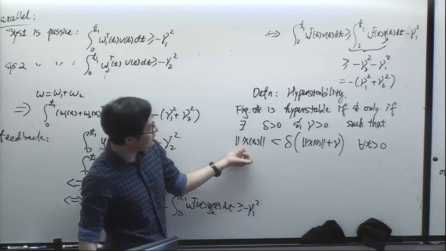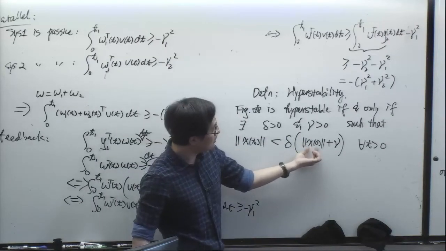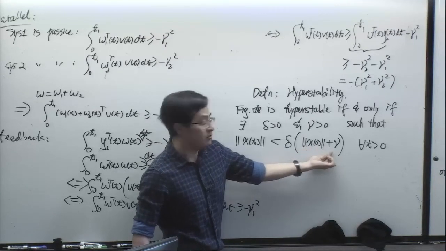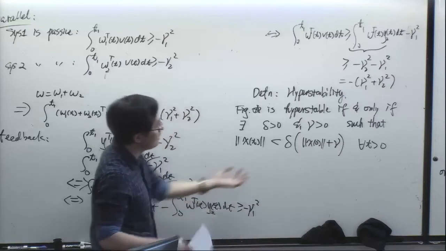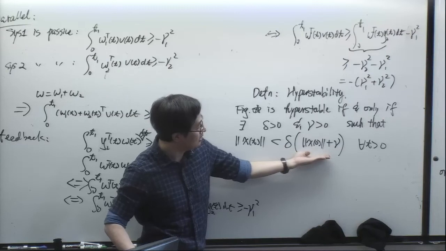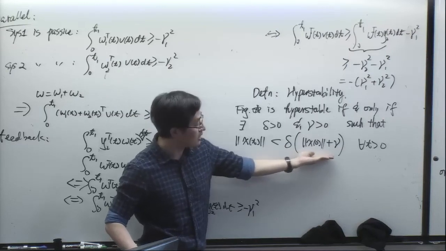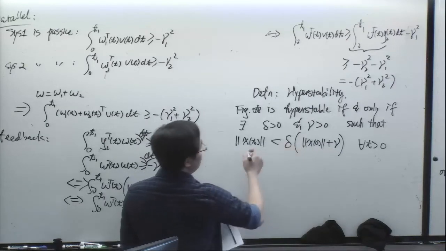The state is always going to be bounded by something dependent on the initial condition and some constant term. All right? It's never going to blow up. This is a bounded quantity. It doesn't move with respect to time. It's a constant. This is for the continuous time case.